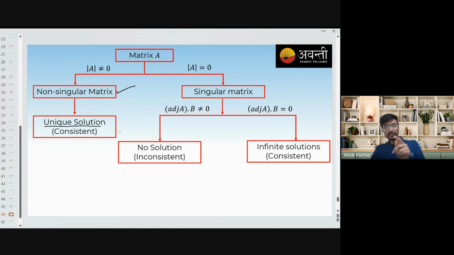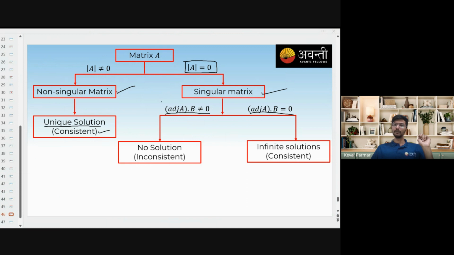There is a solution. That means it is consistent. And if it's a singular matrix, which means determinant of A is equals to 0, then it is further divided into two cases. Adjoint of A into B not equals to 0, and adjoint of A into B equals to 0.